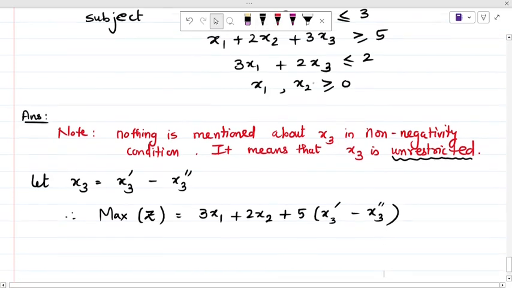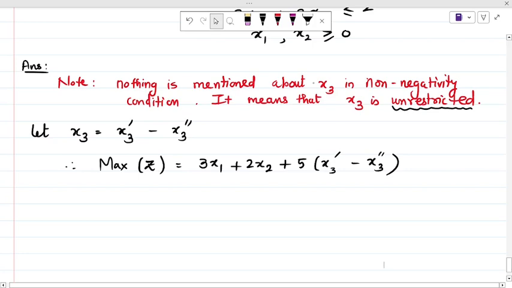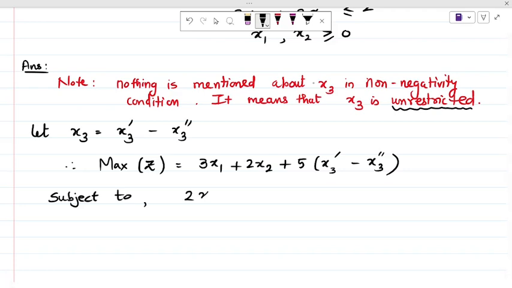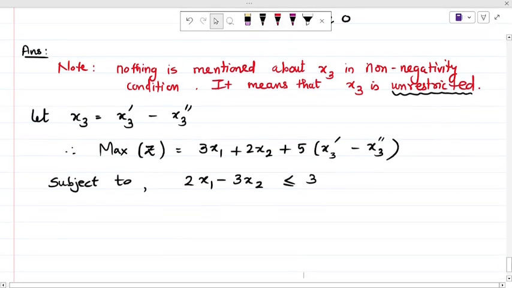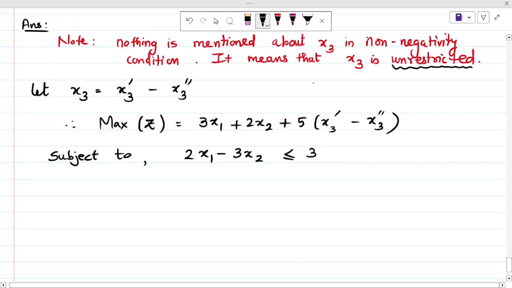And now what happens to the condition? So the condition now is subject to 2x1 minus 3x2 less equal 3. This is what we will have, and after this we will write the condition for the second one.